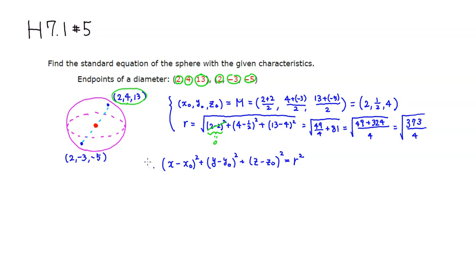So we have (x minus 2) squared plus (y minus 1/2) squared plus (z minus 4) squared. Since r is the square root of 373 over 4, if you square that, you have 373 over 4.